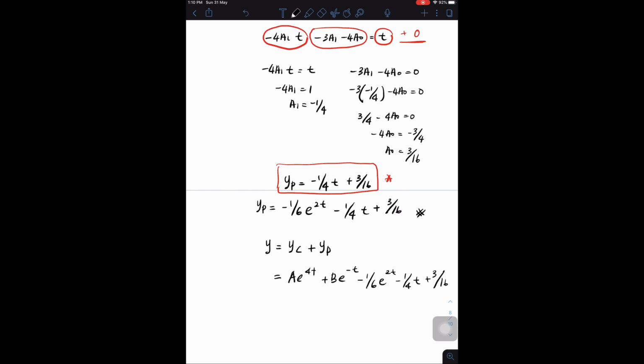So this is our solution. But don't forget that we need to substitute back the value of t with x. Just now I showed you that t is equal to ln x.